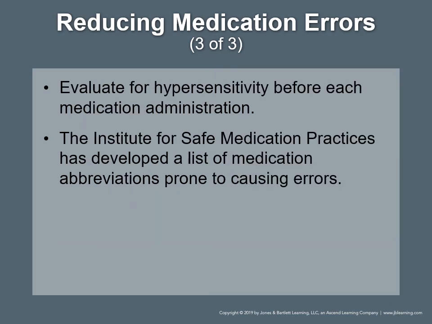Evaluate a patient for medication allergy or hypersensitivity before each medication administration. The Institute for Safe Medication Practices has developed a list of medication abbreviations prone to causing errors. Table 12-11 in your book lists several important sources of errors relevant to the pre-hospital setting.